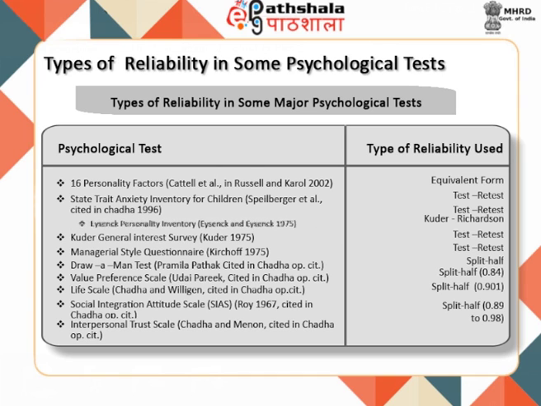Eysenck Personality Inventory by Eysenck and Eysenck has calculated test-retest reliability index. The type of reliability used in Kuder General Interest Survey is Kuder-Richardson reliability. Life Scale by Chadha and Willigan has split half reliability coefficient.